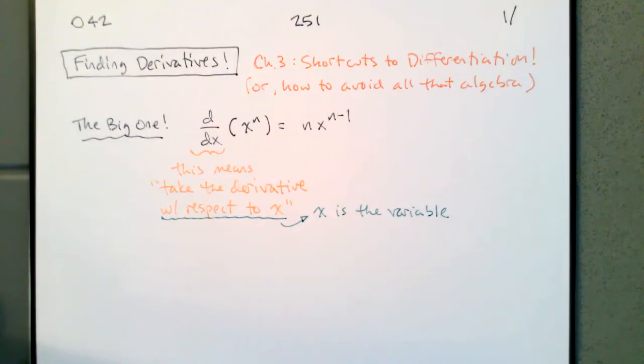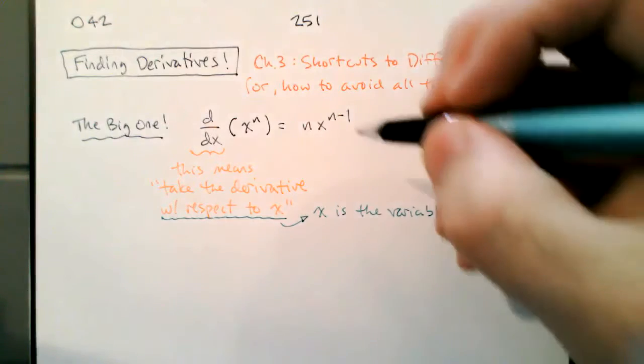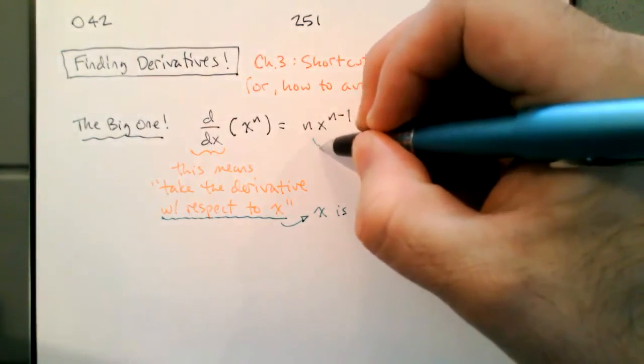What we have here is a simple rule for taking the derivative. The derivative of x to the n is nx to the n minus 1. You multiply by the exponents, then subtract 1 from the exponents. So first you multiply by the exponents.